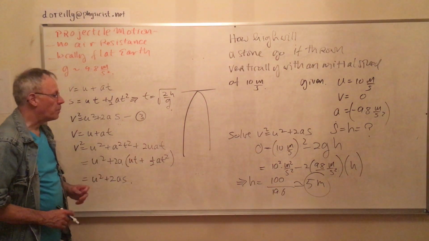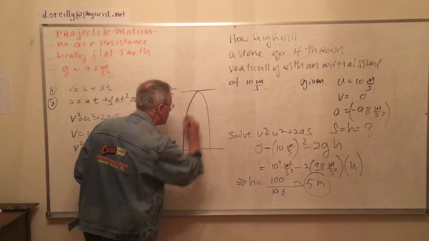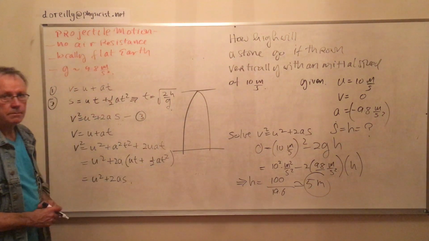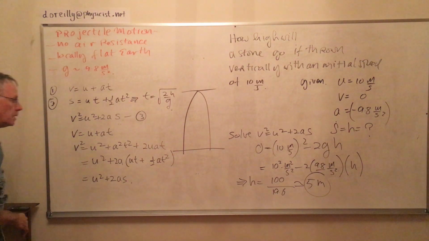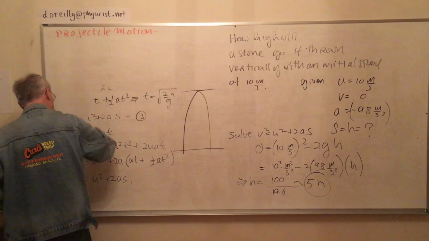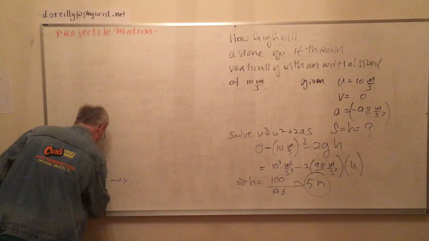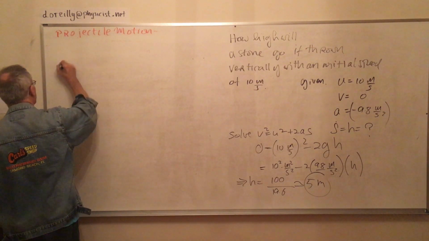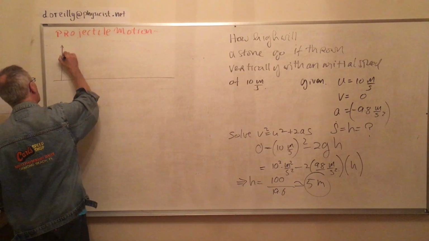Now this is very important for projectiles because this would be the time of flight for our projectile if it was thrown up and had to come back down again. Okay? So we're still on projectiles. Let me clean that now and let you get your heads around that. Now we're always dealing with the flat earth and no air resistance. Here are some of our projectiles. The projectile that we did that went up and came down.